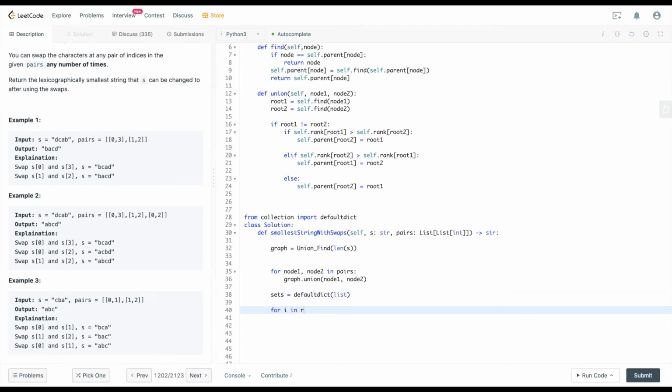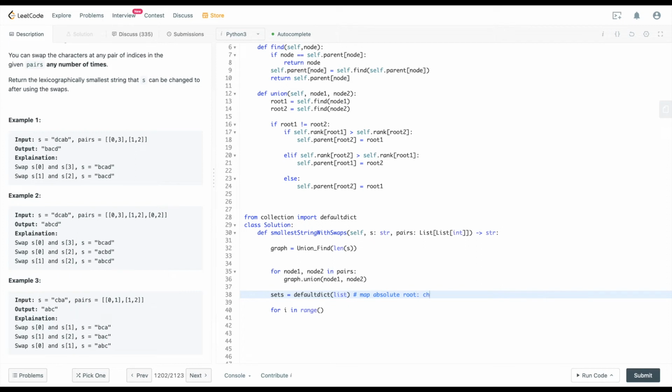So for i in range, I'm gonna populate the sets, which is gonna map the root, I'll call it the absolute root, to the characters in s.